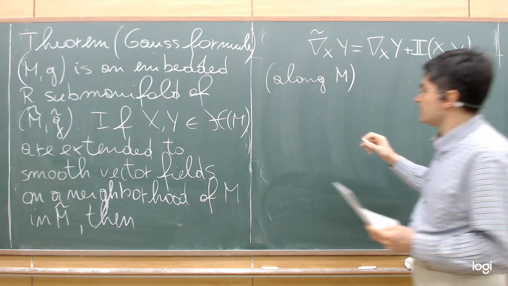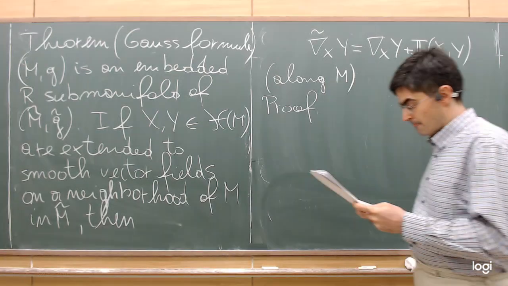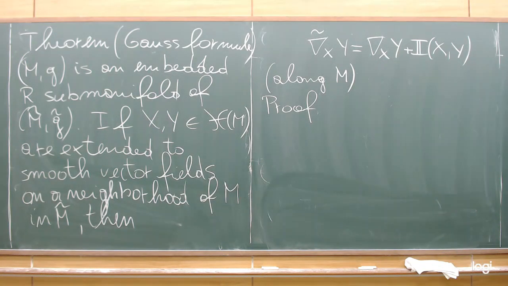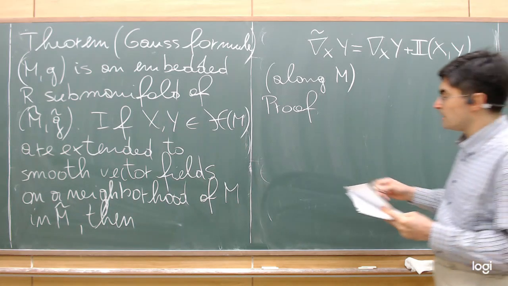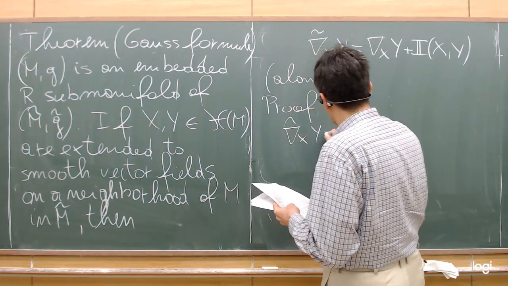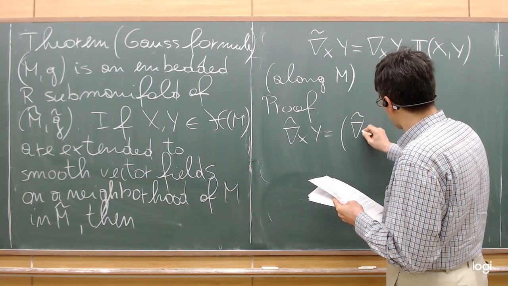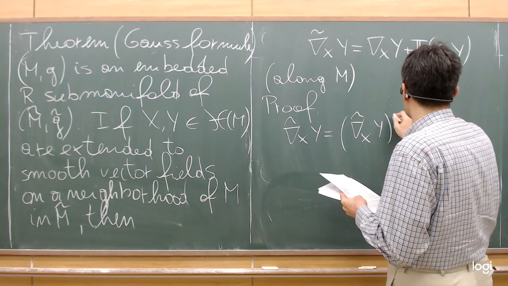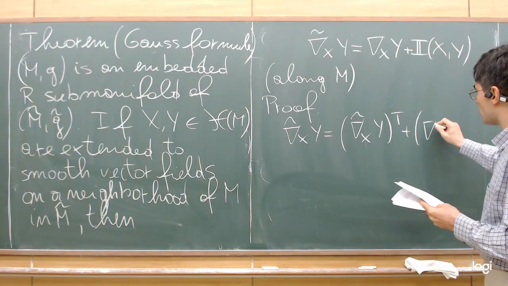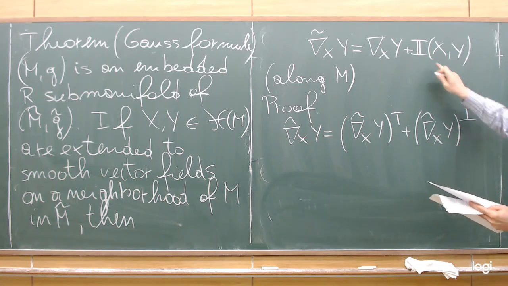I want to explain the idea of the proof. So we already know that this splits as follows, and this is equal to this.